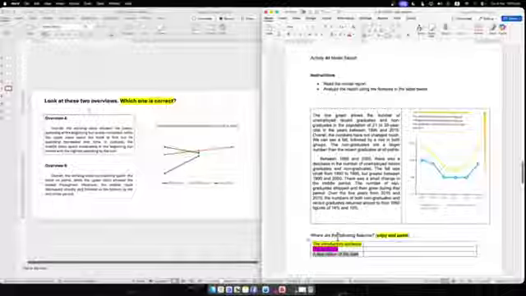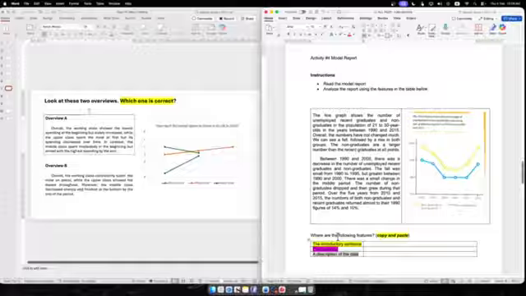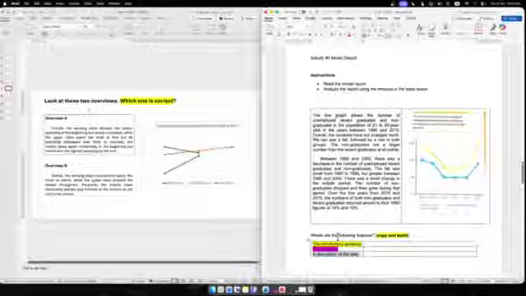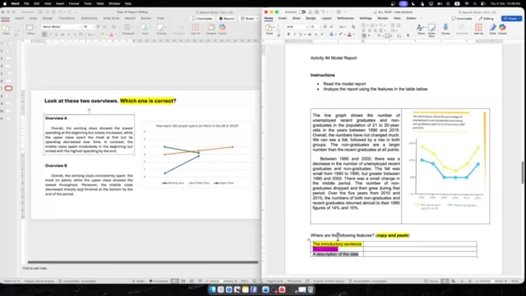So we tried to understand the lowest point, the highest point, how we think about the changes in the graph, and so on, and so forth. So yes, the purpose of the report is to explain the changes in the graph's data.